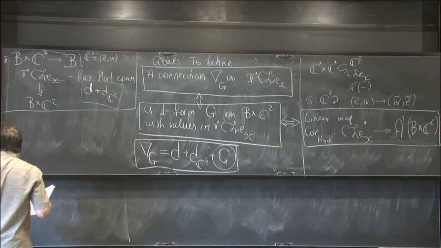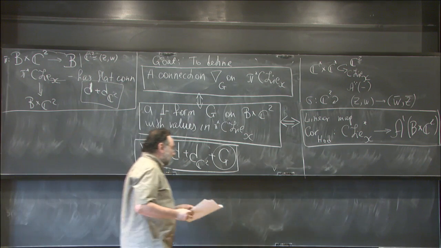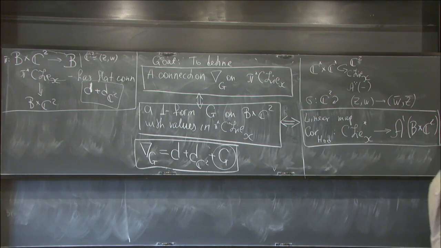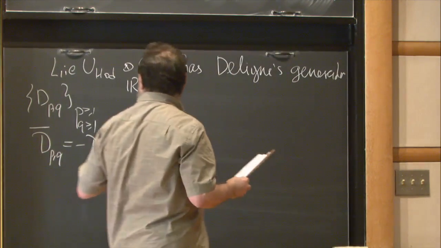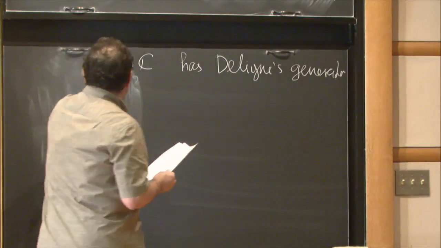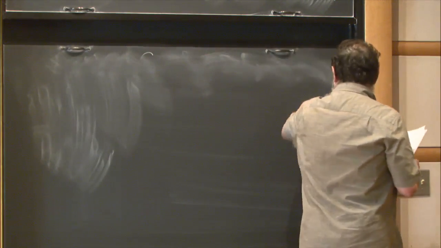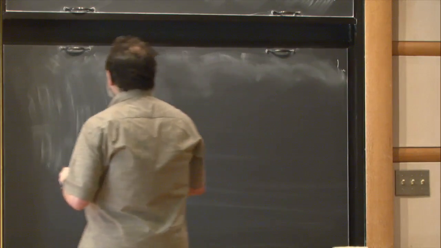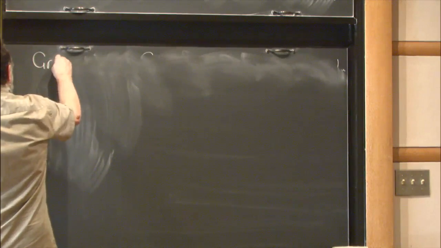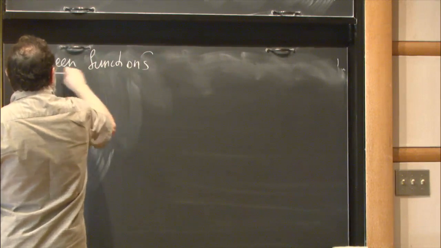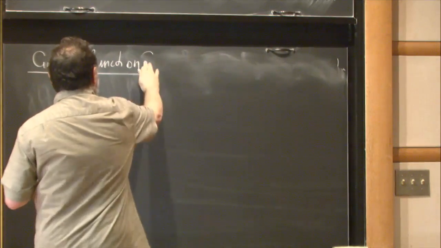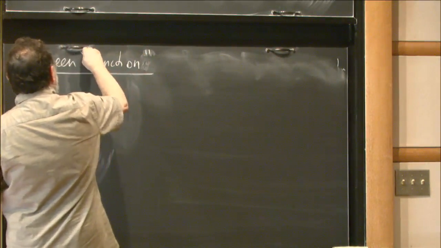Okay, still I need some preparation. First of all, I need to define Green functions. This is basically the construction which I tried to explain briefly last time, but now I'm doing it with care. So first of all, what are the Green functions? First of all, it's not exactly a function.